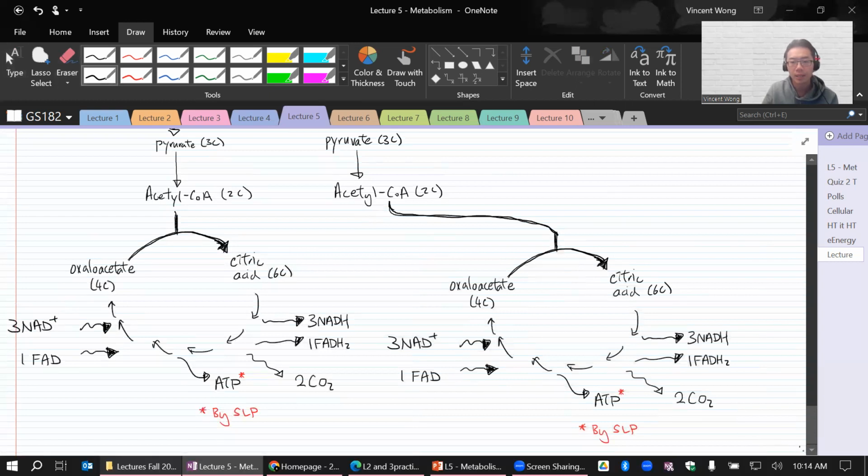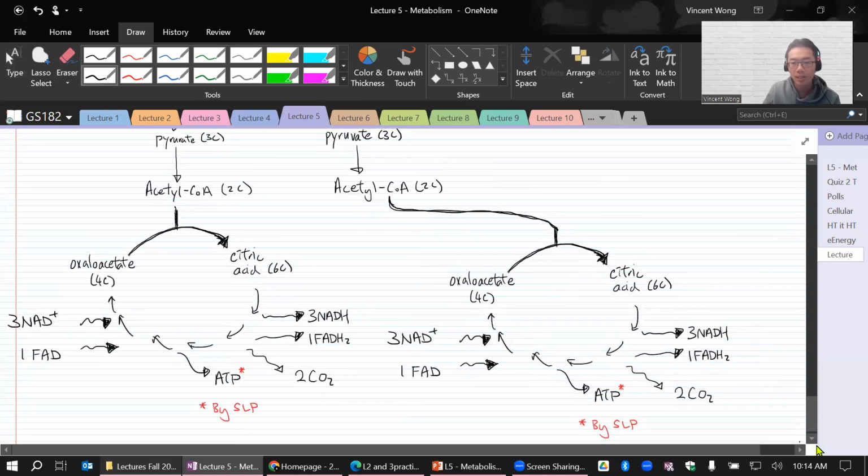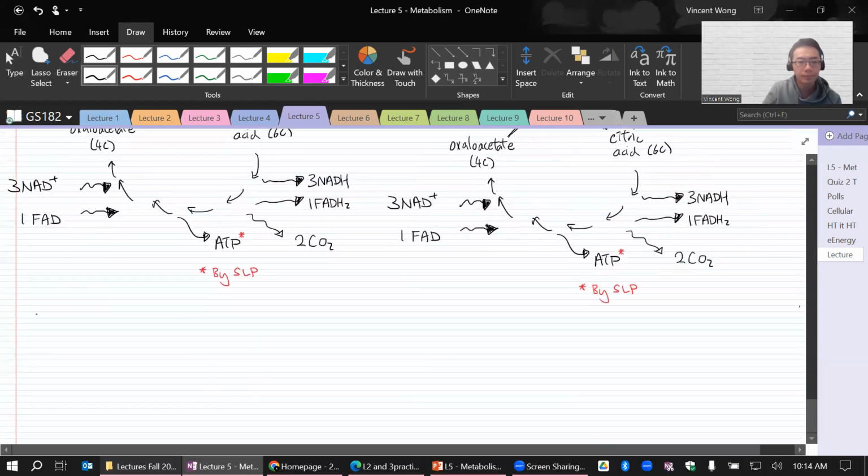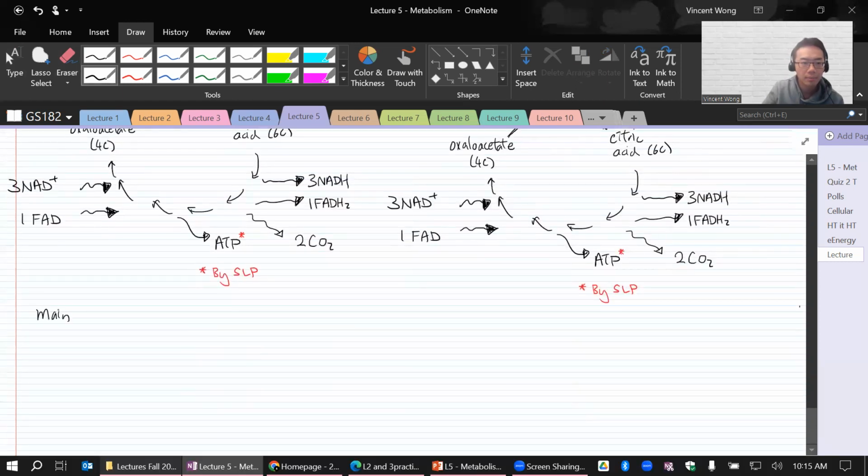Okay. So let's write down the main products here. Main products. So we have 6 NADH, 3 from each cycle, 2 FADH2, 4 carbon dioxide, and 2 ATP.